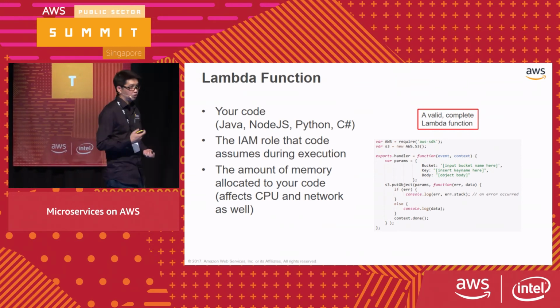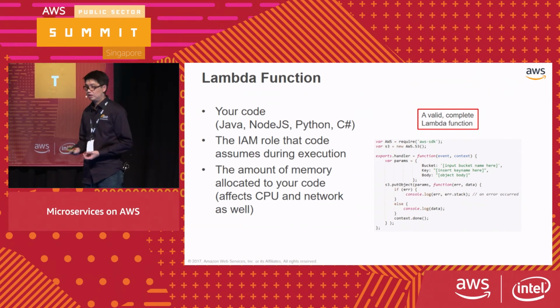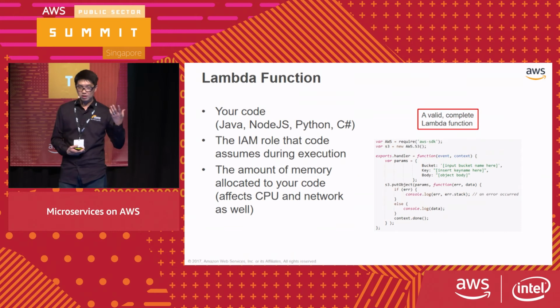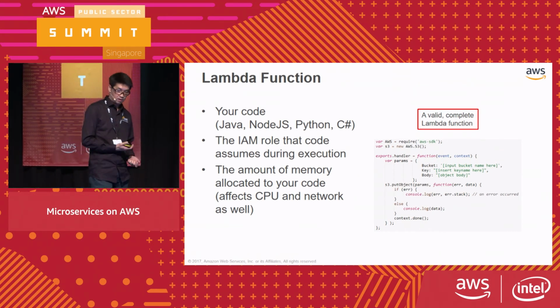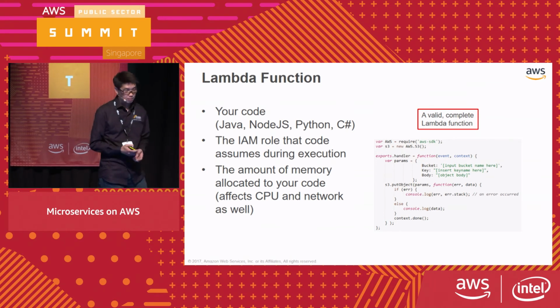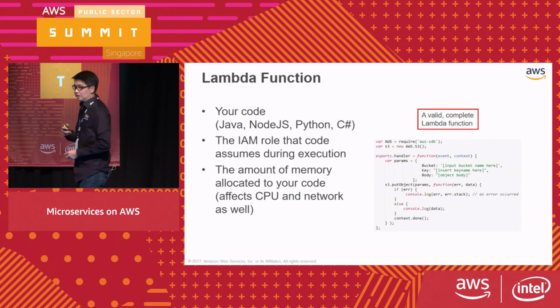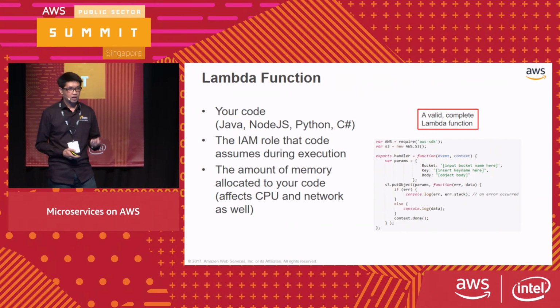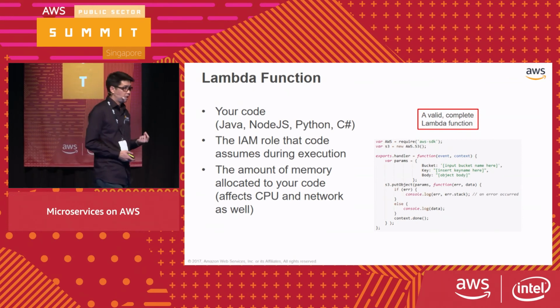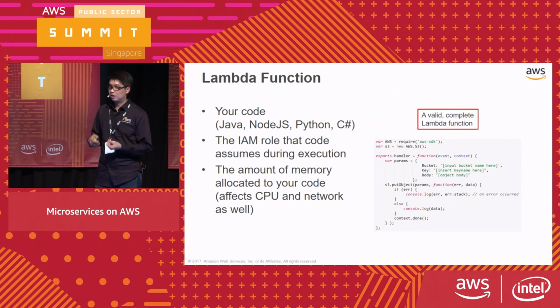Through IAM, you can control which applications your service can talk to. It's very fine-grained. You can talk to DynamoDB and RDS, for example. You can fully control that. And last but not least, is the amount of memory that you need to allocate to a function. The memory will dictate the CPU time as well as the network bandwidth that will be provisioned based on the memory that you set.